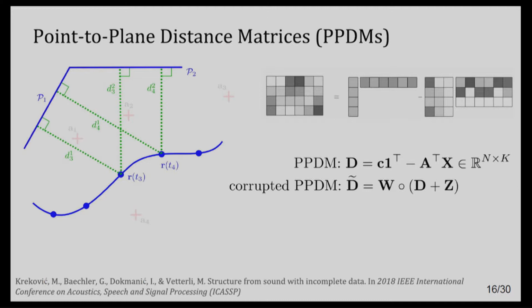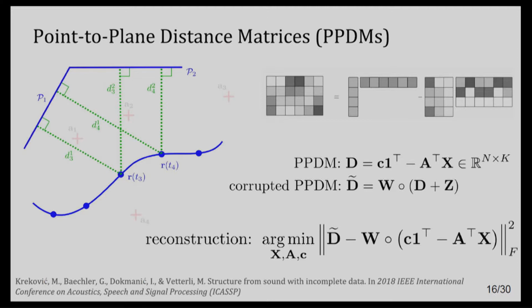You can show that if we call C an unknown offset for each wall, A contains the normal directions of all the walls, and X again contains the unknown points, then you can factorize the PPDM, the point-to-plane distance matrix, like this. You can use this tool both to show uniqueness of reconstructions and to do the reconstructions.